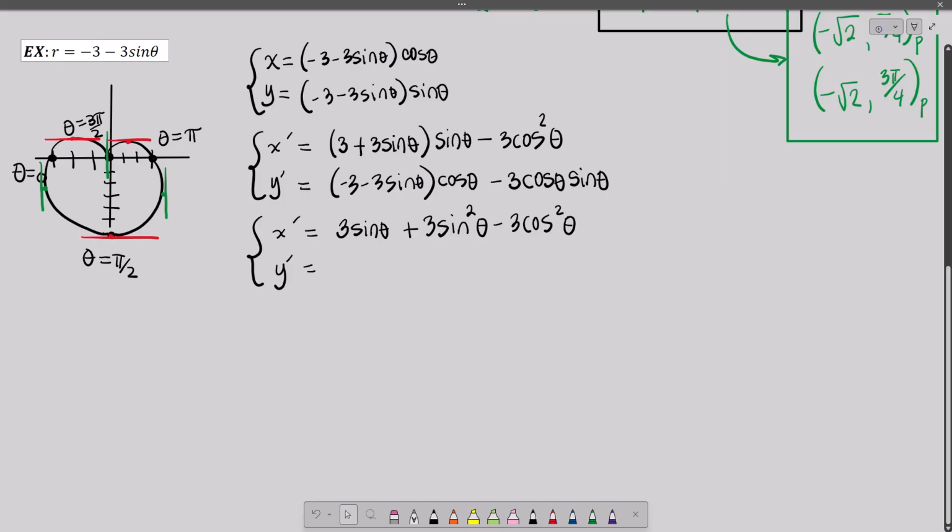And down below, I think we get some cancellation, or at least some combining. We're going to get minus 3 cosine theta, and then minus 3 sine theta cosine theta, but then minus 3 sine theta cosine theta again, so this is going to be minus 6 sine theta cosine theta.